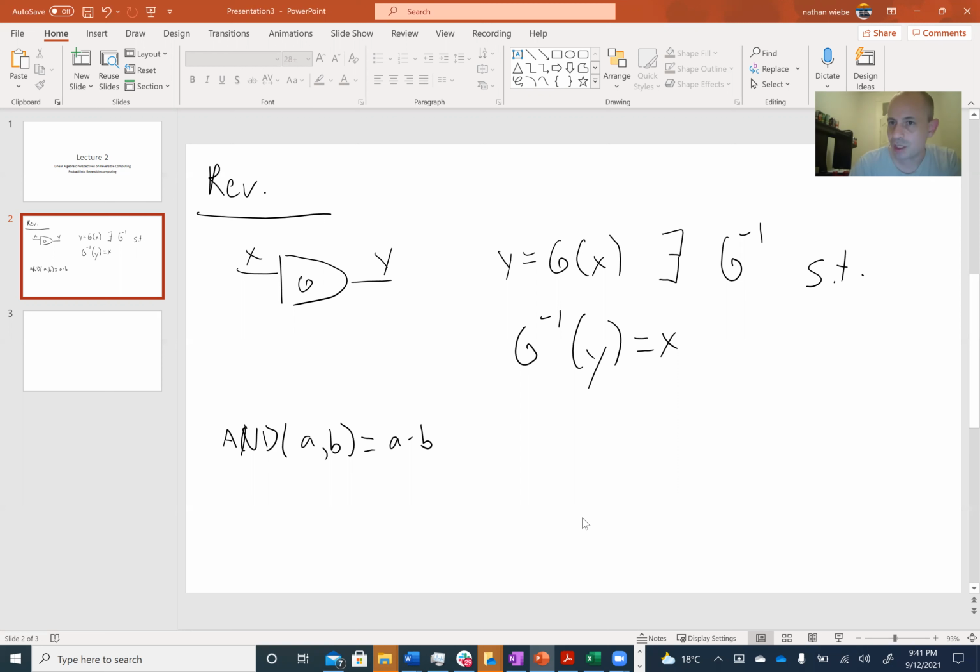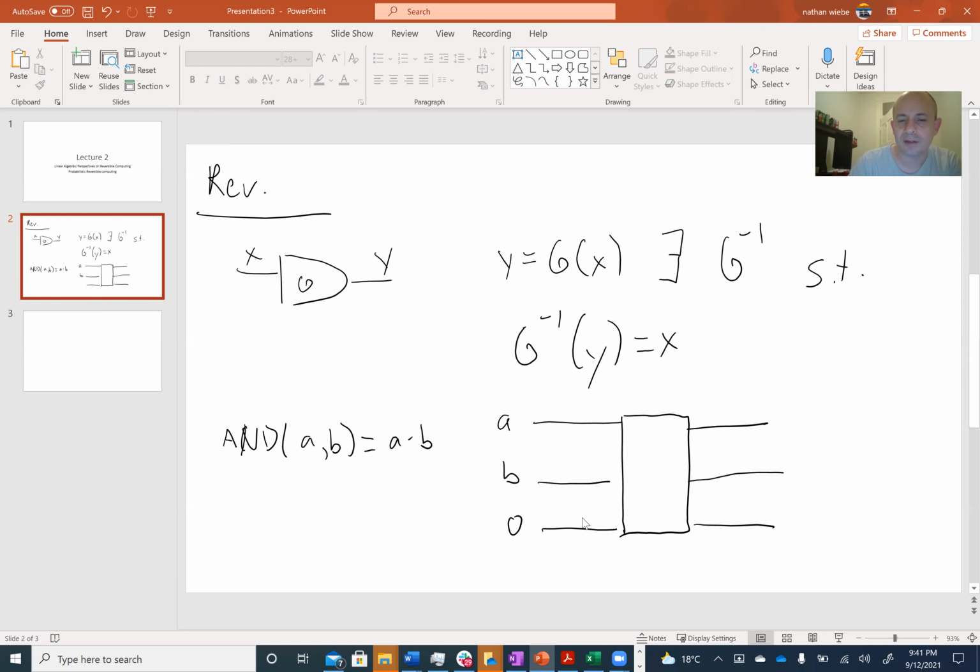The way that we cheated was by using the idea that we can keep extra information along for the ride while we're doing a reversible calculation, in order to make sure that the result can always be inverted.